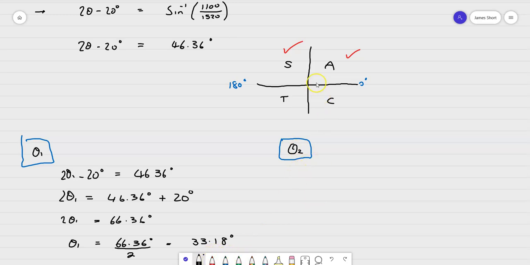Okay, so theta 2 is going to be in the second quadrant here, so we're going to take this angle that we've calculated up here, and we're going to subtract that from 180 degrees. So that's going to be 2 theta 2 minus 20 degrees is equal to 180 degrees minus this 46.36 degrees.